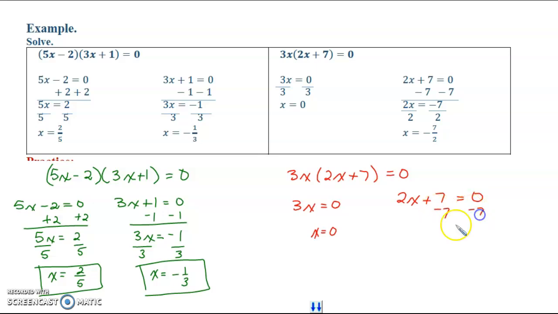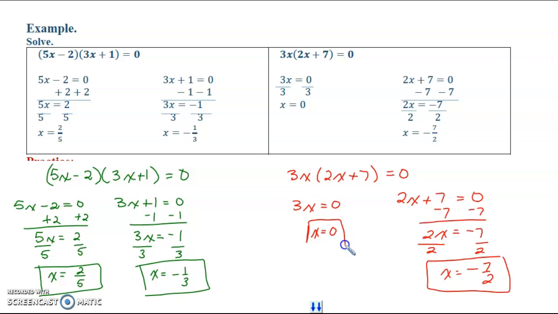Subtract 7 from both sides. And divide by 2. So x would need to either be 0 or it would need to be -7/2. A way that you can test to see if your answer is correct is to replace in the original equation x with -7/2 and see if you get 0.